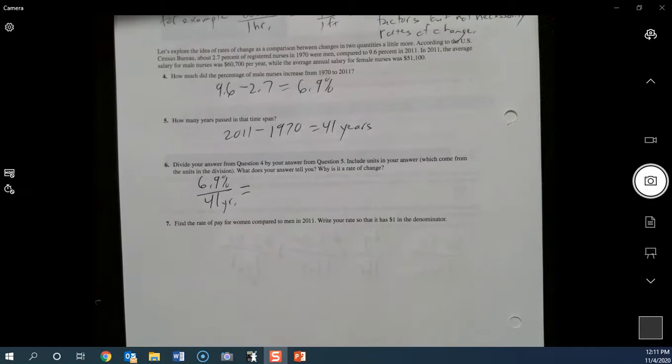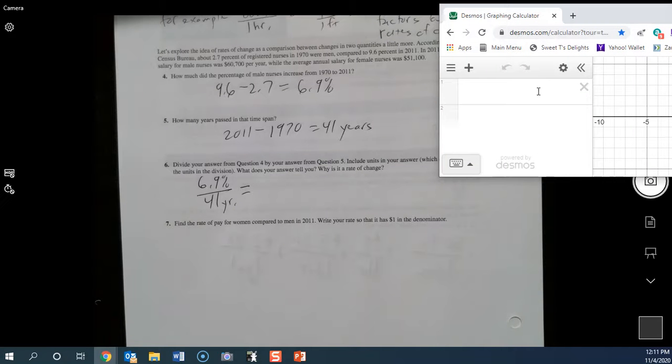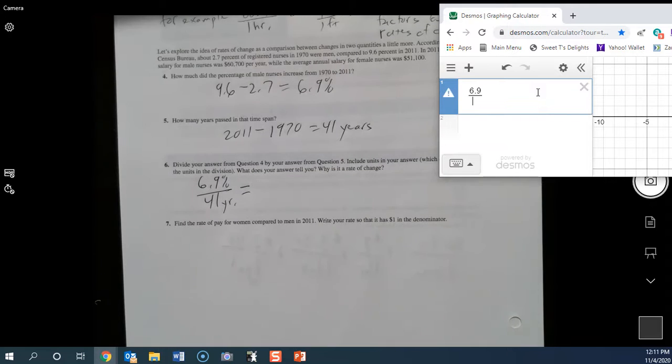Now, if we put that in our calculator, let me pull up Desmos here. So if we take 6.9, we'll just leave it at 6.9. We're not going to alter it for it being a percent yet. So we'll do 6.9 divided by 41.